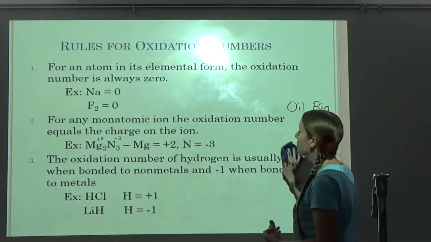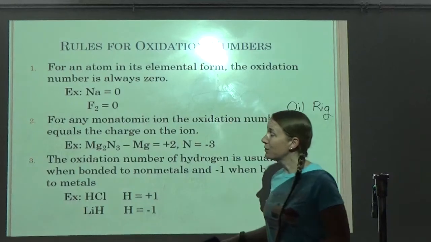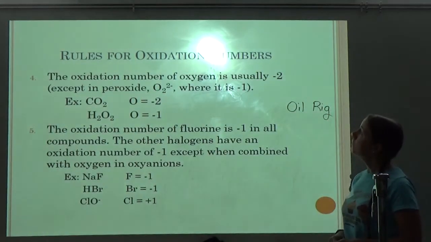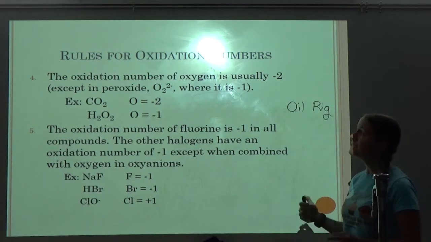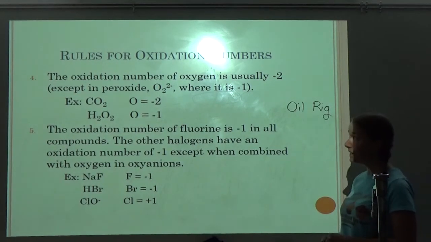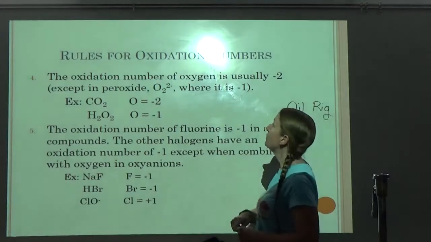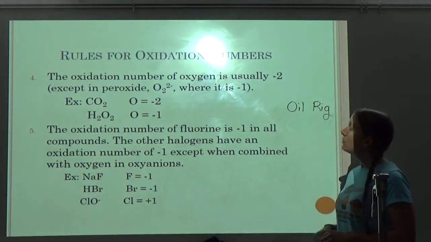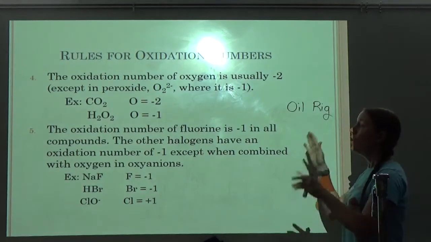Okay, so normally it's positive 1, but once it's bonded with a metal, it is negative 1. The oxidation number of oxygen is usually negative 2, except in the polyatomic ion peroxide, which is O2 2-, where it is negative 1. And then the oxidation number of fluorine is negative 1 in all compounds.